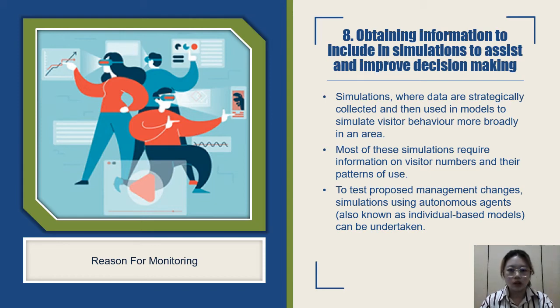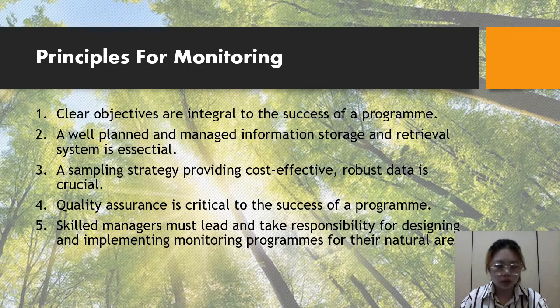The RBSim, which is the Recreation Behavior Simulator, is an example of this type of simulation. So, in this chapter, we will also describe the principles for monitoring. The following principles guide the development of a monitoring program for natural area tourism.